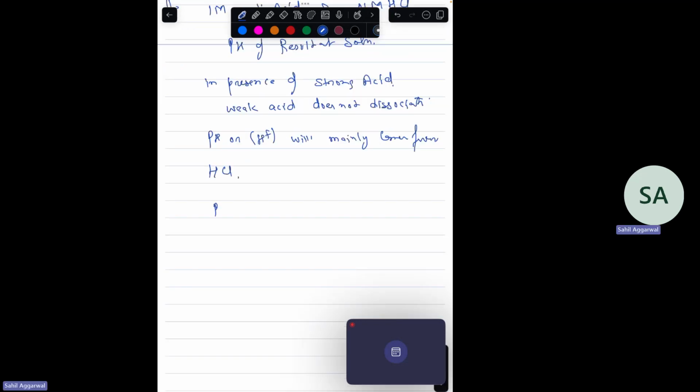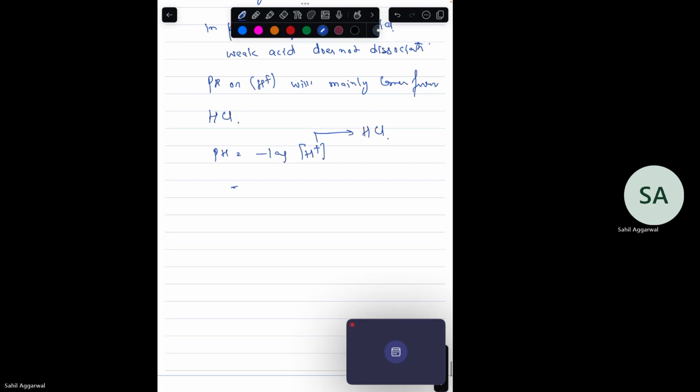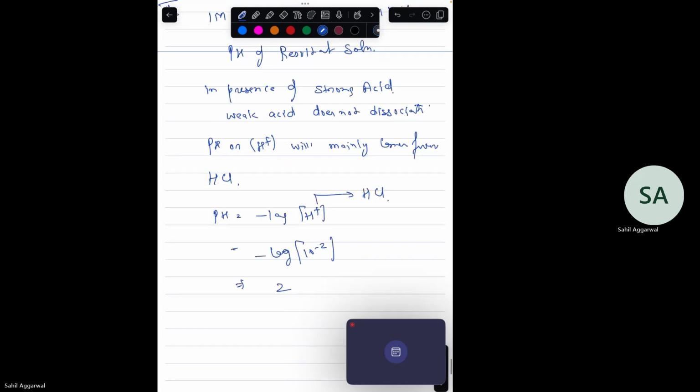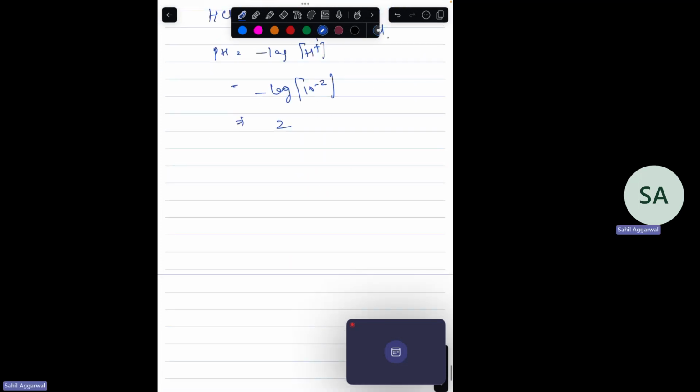So what will pH be? Minus log of H positive ion concentration, which is coming from HCl only. It would be minus log of 10 to the power minus 2. That would be nearly 2 only. The answer will be 2.